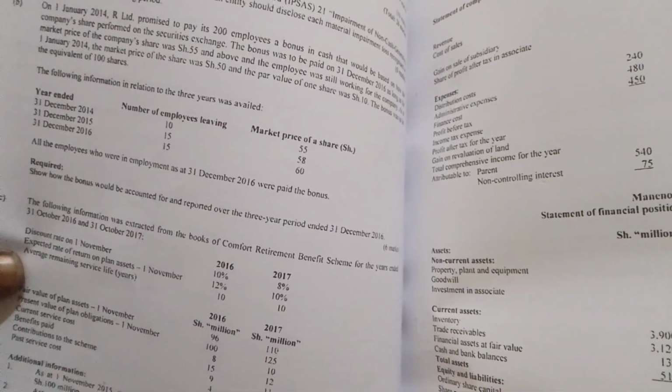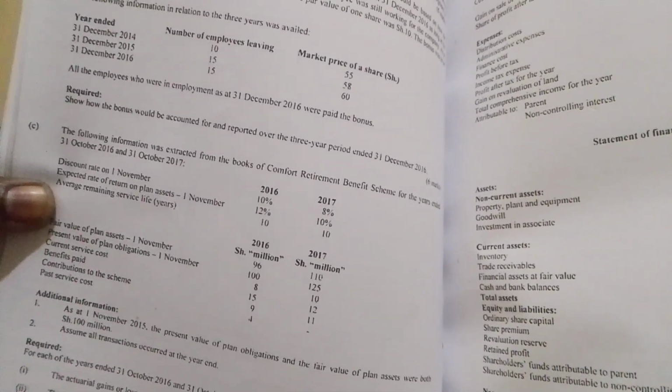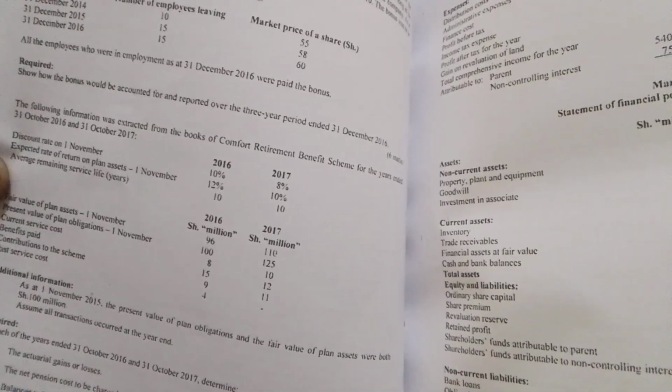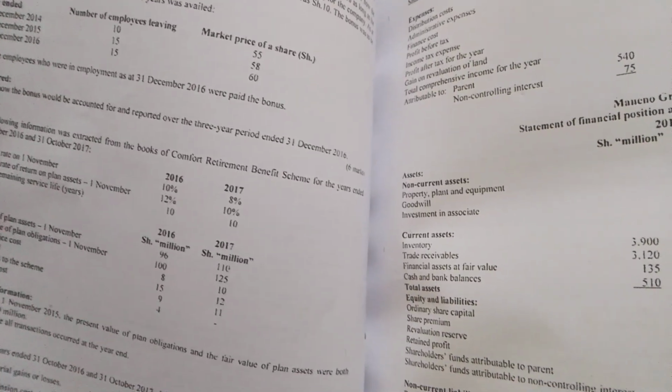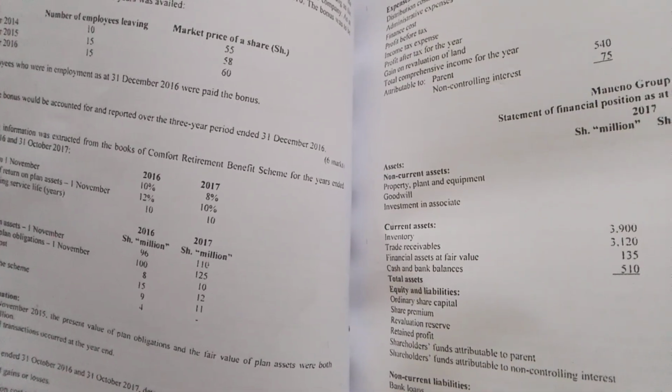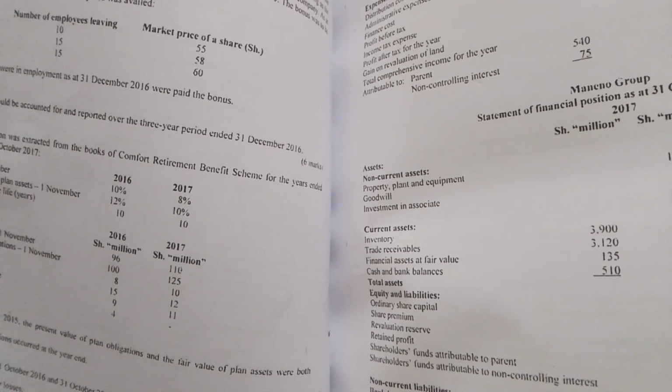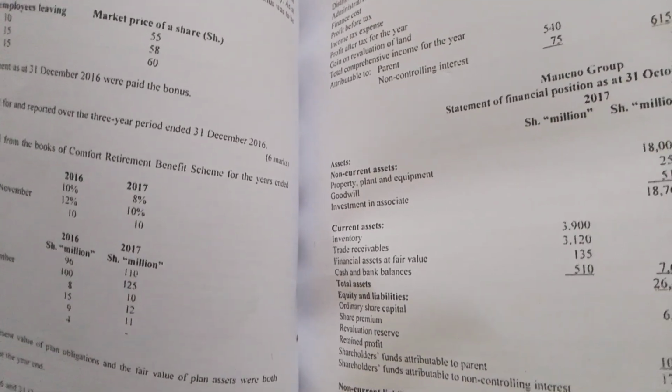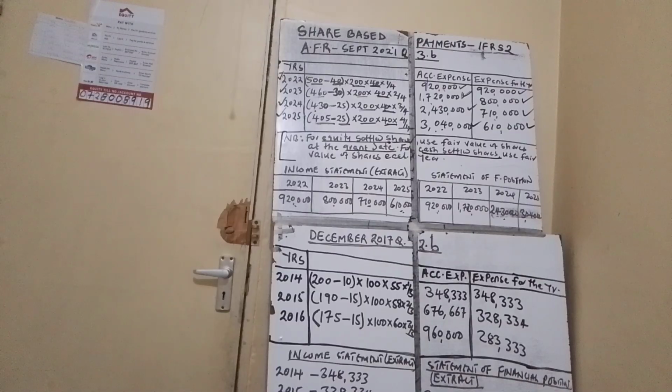So you can see that. Required, show how the bonus would be accounted for and reported over the 3-year period ended 31st December 2016. Now let me show you how to go about it.